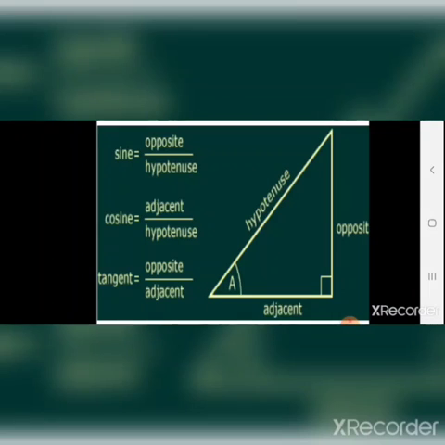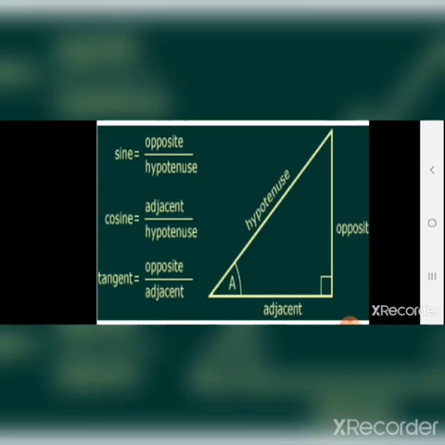You can observe a right angle triangle here. Three sides are named adjacent side, hypotenuse and opposite side according to angle A. Sine, cos and tan. Sine, cosine and tangent are the three basic trigonometric ratios. Today, with the help of this example, we will study it.